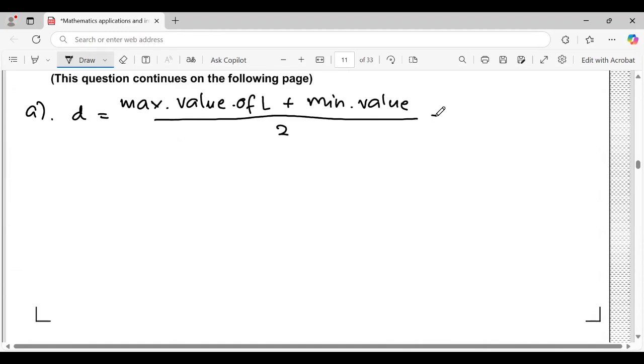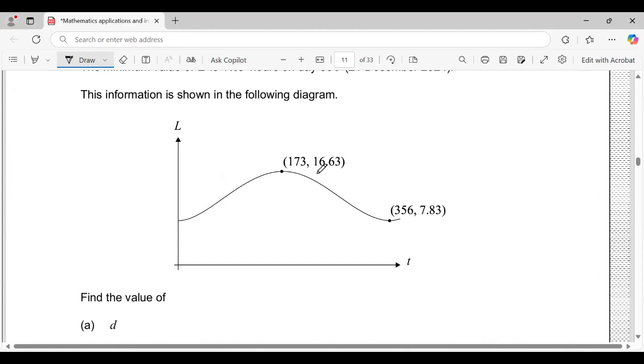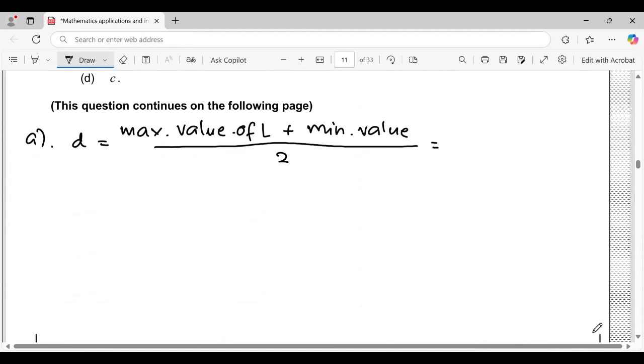The maximum value of L is 16.63 and the minimum is 7.83. So it's going to be 16.63 plus 7.83 divided by 2. It equals 12.23 hours.